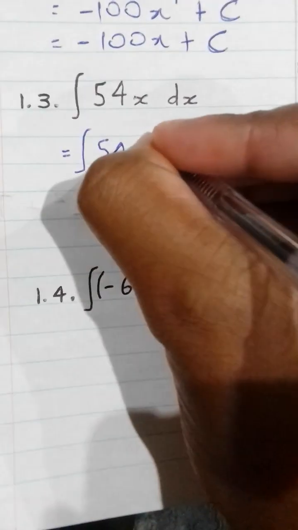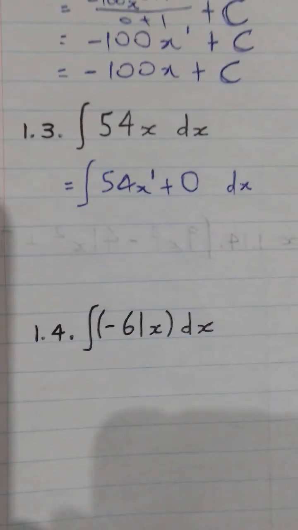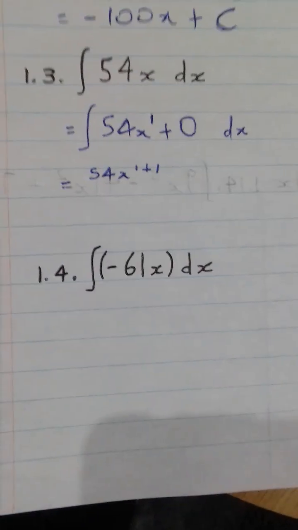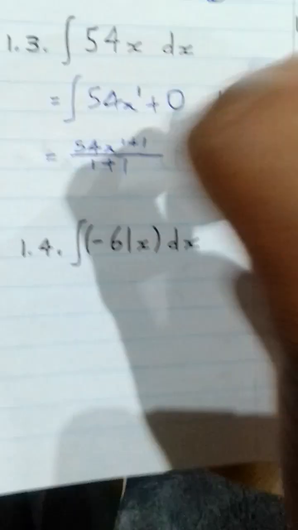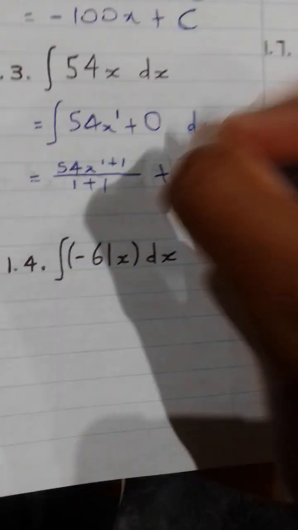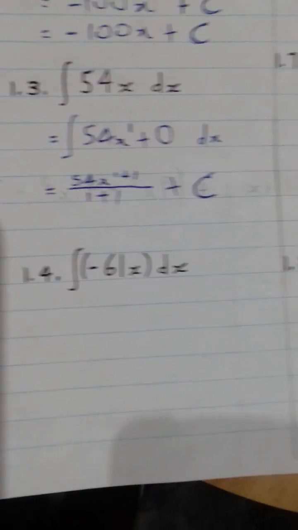We know that if the exponent is not written, it's 1, right? So this is going to be 54x to the power of 1 plus 1, because first we increase the exponent by 1, and then we divide by the new exponent, which is 1 plus 1, plus the integral of 0, it's constant.